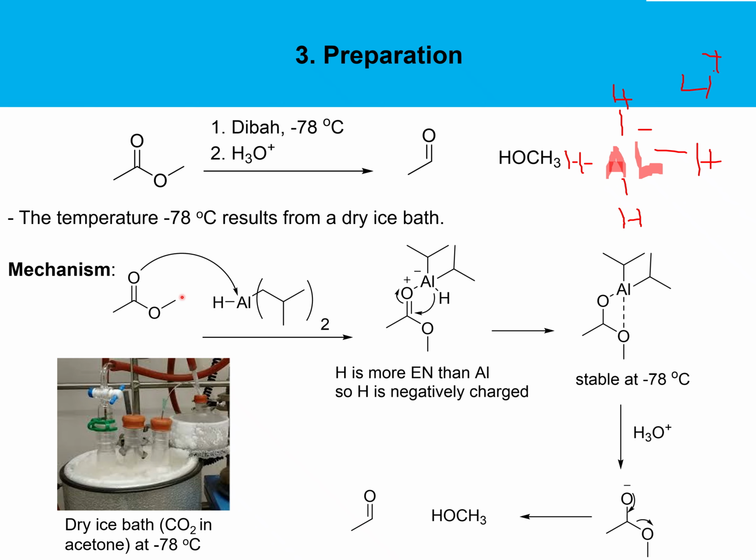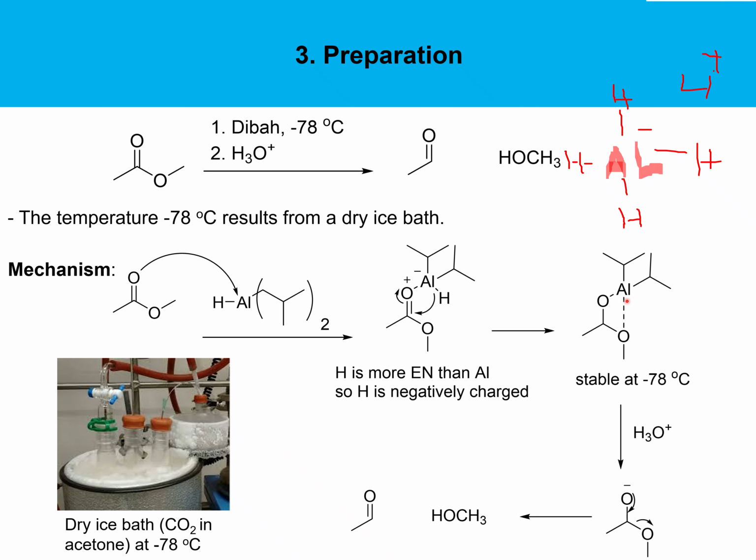DIBAL, unlike lithium aluminum hydride, has to first bind to the carbonyl oxygen before it behaves like a hydride reagent. So that's part of the reason why these two reagents behave differently. Now, under the low temperatures that we're using for the reaction, we're going to get this intermediate that is going to be very stable at that temperature.